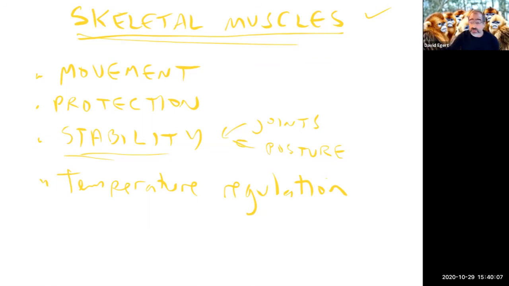Again, if you've been in physics, you know that engines are always inefficient. There's never a complete conversion of the energy in the fuel into movement and force by the engine or the motor. So in your muscles, a large part of the energy that is in the ATP doesn't actually go into moving the muscle.